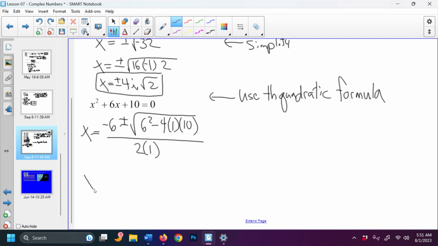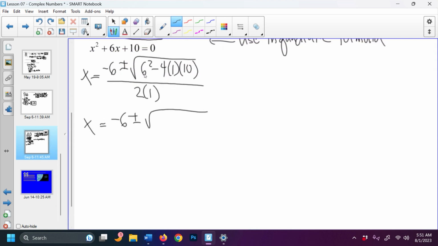And we want to reduce this. So I have negative 6 plus or minus the square root. 6 squared is 36. 4 times 1 times 10 is 40. So I have 36 minus 40 is negative 4. And that'll be all over 2.